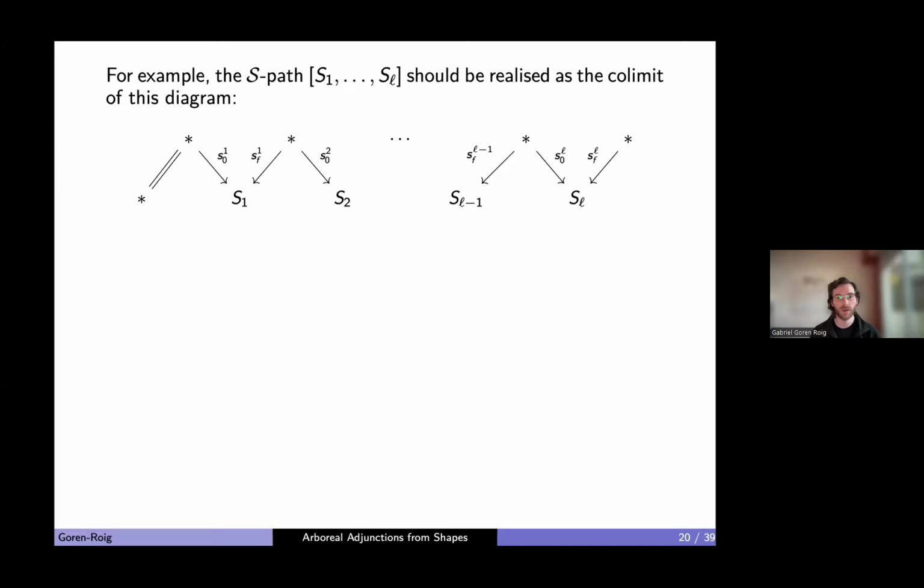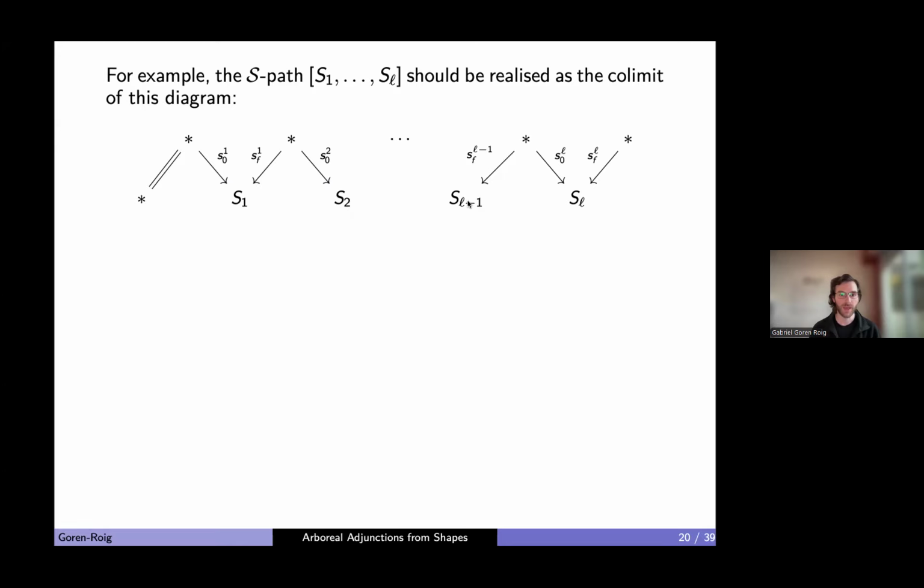And so what should this diagram be that we're taking the co-limit of? It's easier to look at in the case of a path, although the idea is always the same. So what we want is to take all these shapes and glue them along the endpoints, right? So on the second row of this diagram, we have first the point, which represents the root of our path, the empty sequence.